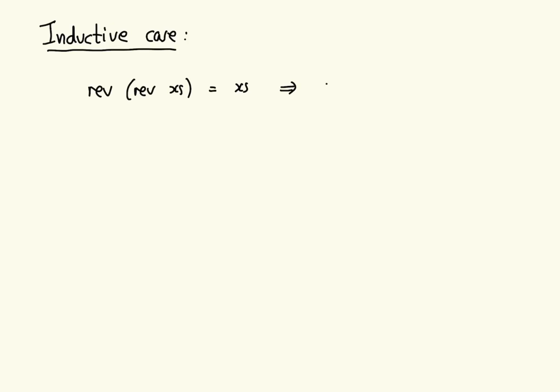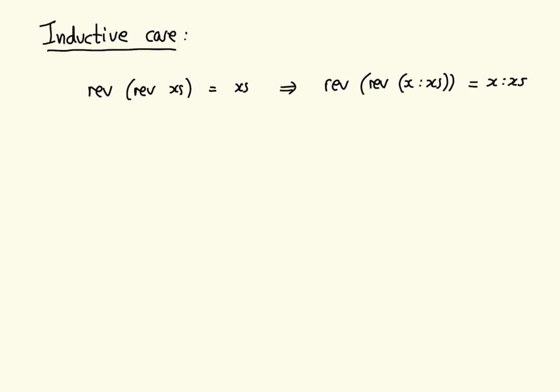In the inductive case, let me first of all write down what it is I need to prove. So what I need to prove is that if reverse (reverse xs) equals xs, then if I do the same thing but with a list with one more thing on it, I'll get a list with one more thing on it.